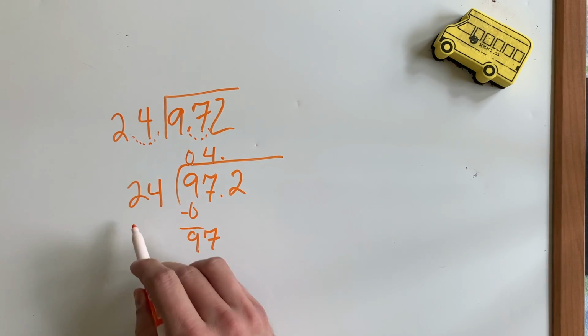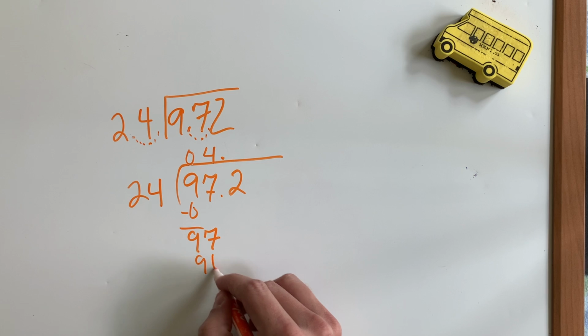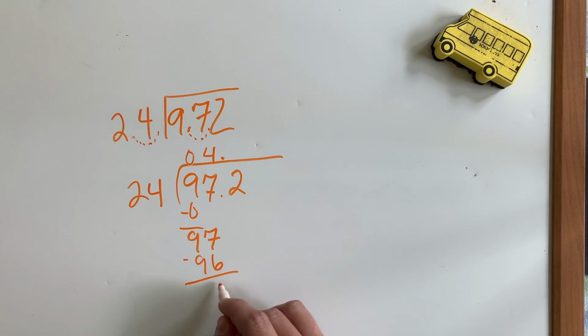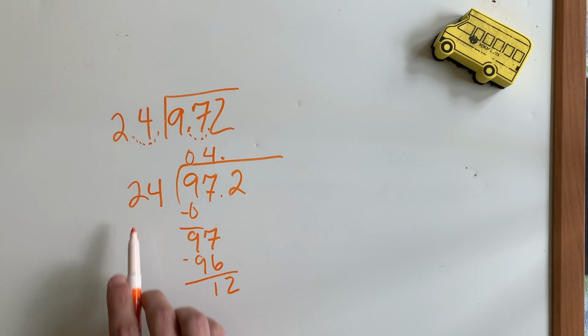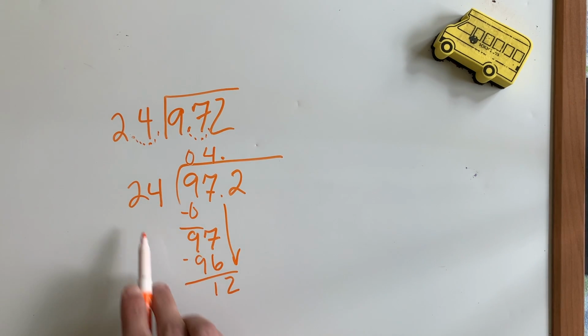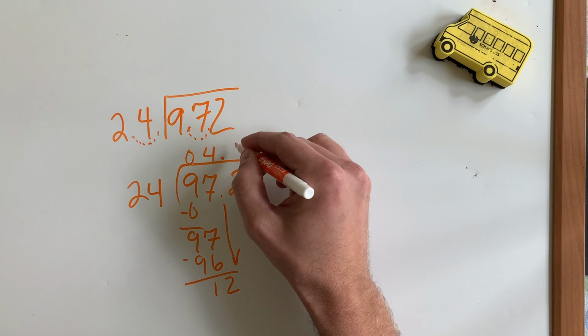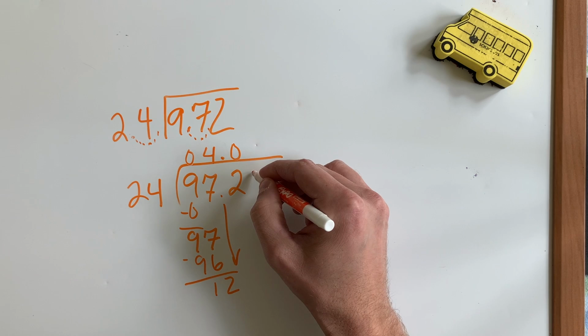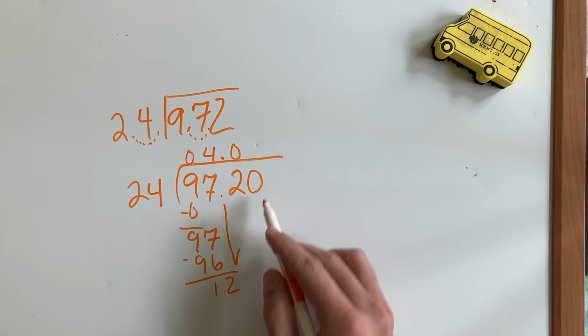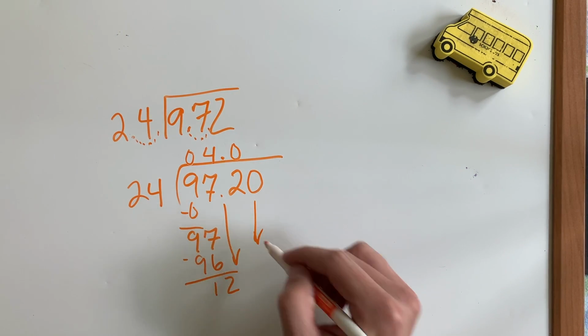4 times 24 is 96. I subtract and I get a 1, and I bring down the 2. Now, can 24 go into 12? It can't. So I'm going to put a 0 here. And now I need to add a 0 as a placeholder, and I'm going to bring that down.